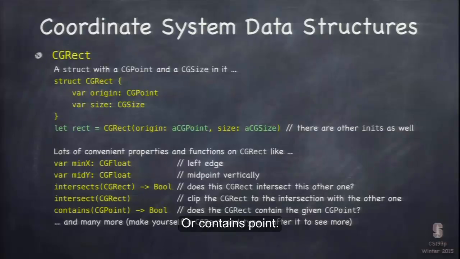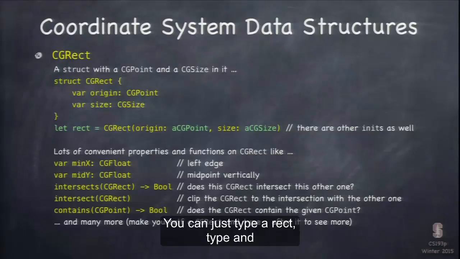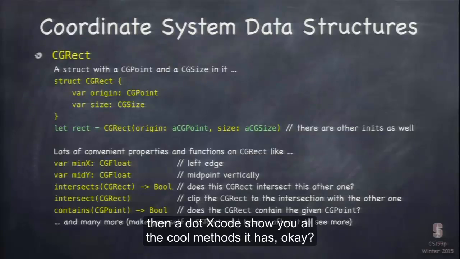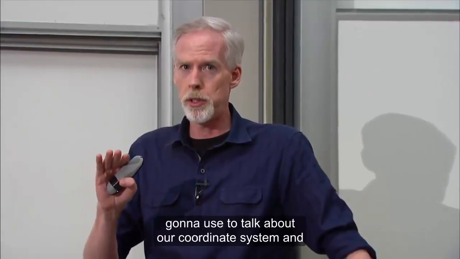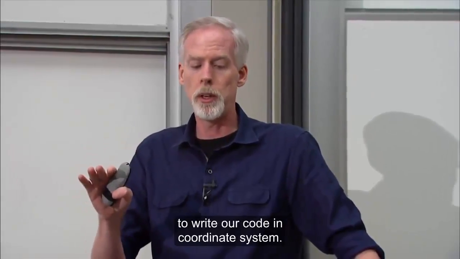Or contains point, okay? Where you pass it a point, and it'll tell you whether it contains that point. So rect, it's a struct, but it has a lot of cool methods in there. There's a whole bunch more. You can just type a rect type and then a dot, and let Xcode show you all the cool methods it has, okay? All right, so those are the kind of data types we're going to use to talk about our coordinate system and to write our code in our coordinate system.